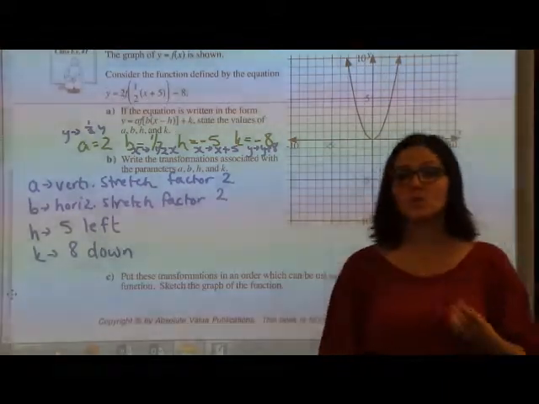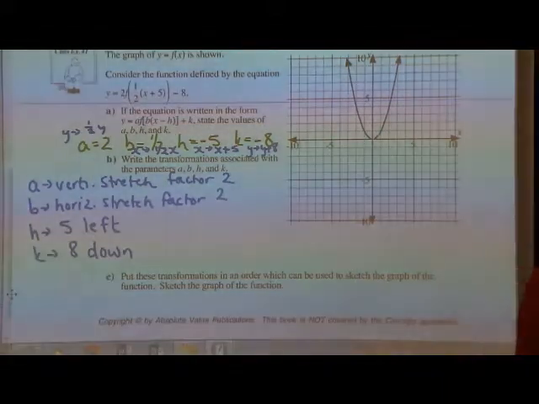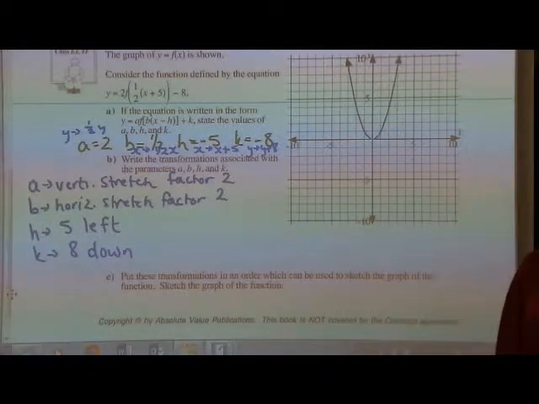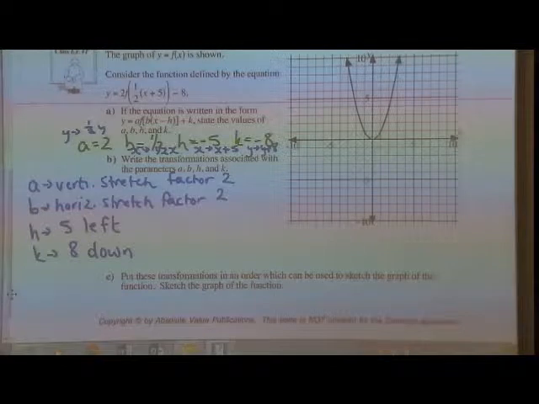So now when I go to sketch this graph, the order that I sketch the graph in is very important. I have to start off with my stretches first. So I pick points to stretch, and I'm stretching them both vertically and horizontally. So I'm stretching the x and the y value. So I'm going to first of all reposition my graph because I know it's not right.